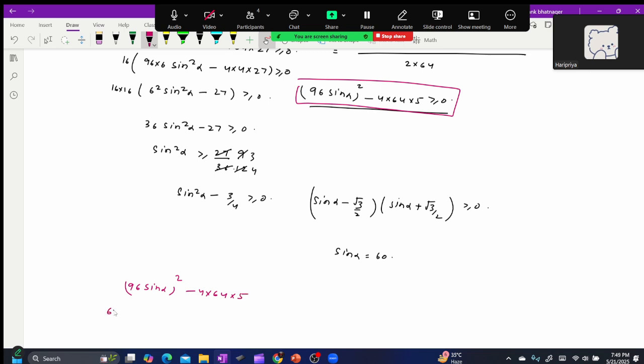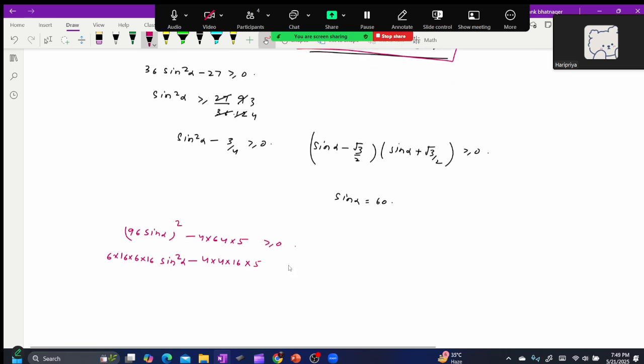This is 6 into 16, 4 into 16 into 5. You can take 16 square common from this and this.